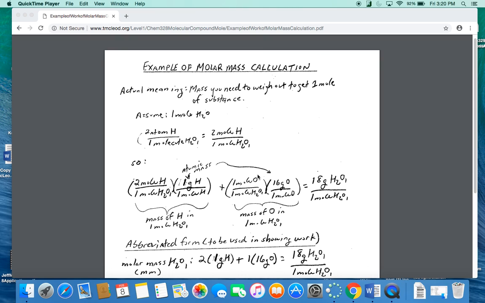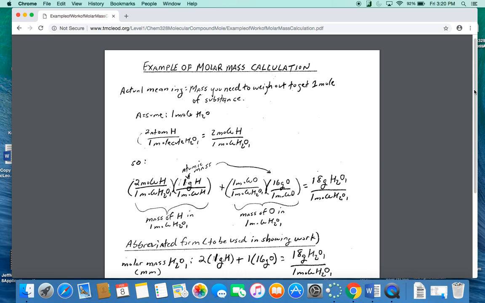And then you add them up, because there are only 2 elements in this compound. So you end up with 18 grams of H2O per 1 mole of H2O, and there is your molar mass: the amount you have to weigh out of water to get 1 mole of water. In this case, it's 18 grams.